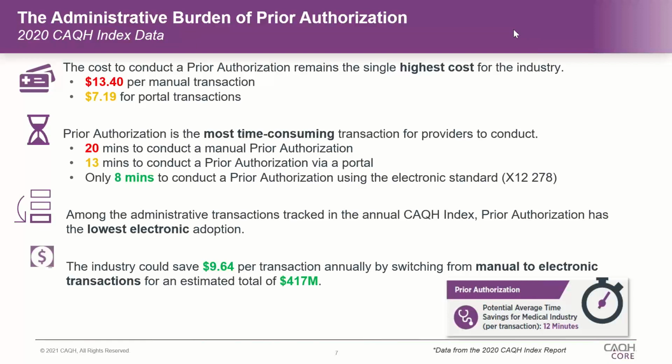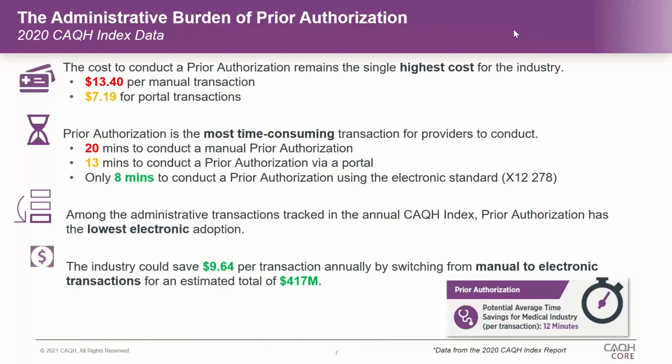And among the administrative transactions tracked by the index, prior auth remains the most costly and time-consuming transaction to conduct and has the lowest rate of electronic adoptions for many of the reasons that Bob just discussed.